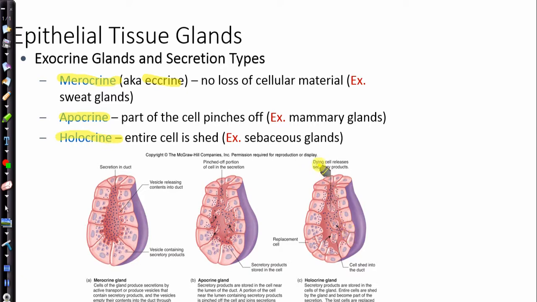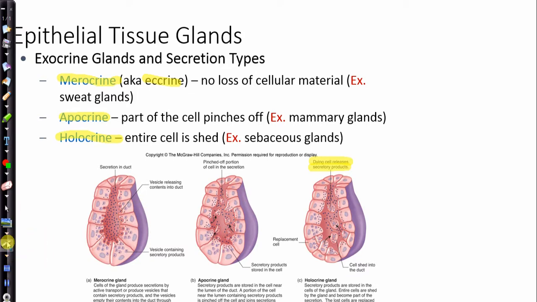You see here a dying cell releases the products. So these cells have to be quite mitotic to replace themselves. An example here, sebaceous glands. Hair has sebaceous glands associated with it. Sebaceous glands are glands that produce oils. So there's three different gland types depending upon how much of the cellular material is lost. Merocrine, none. Apocrine, a little bit. Holocrine, quite a bit.